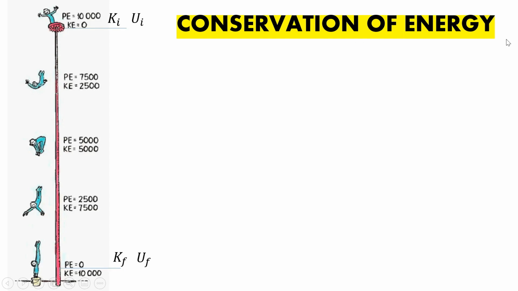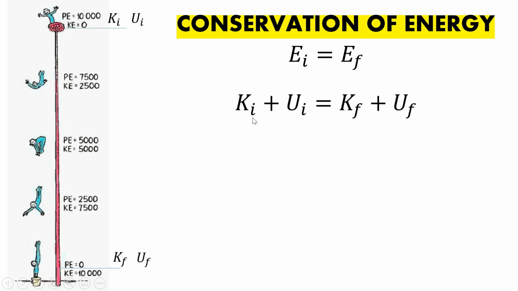According to the conservation of energy, the total energy before should be equal to the total energy after. So the initial kinetic energy plus the initial potential energy is equal to the final kinetic energy plus the final potential energy.